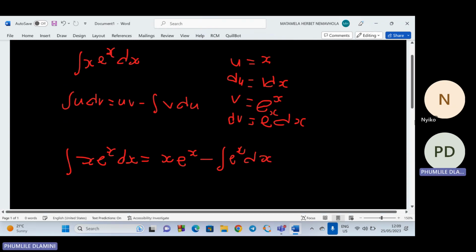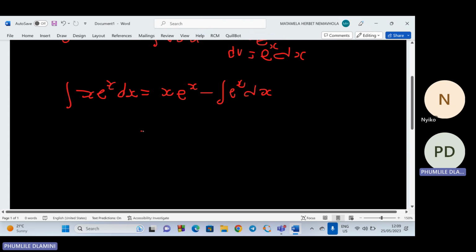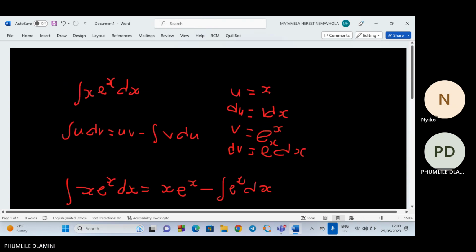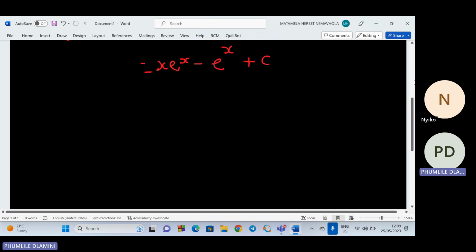So now I can write this integral as x e to the power x minus the integral of e to the power x. We know that is e to the power x. Then we just add plus a constant. So just by doing this, we have integrated by parts.